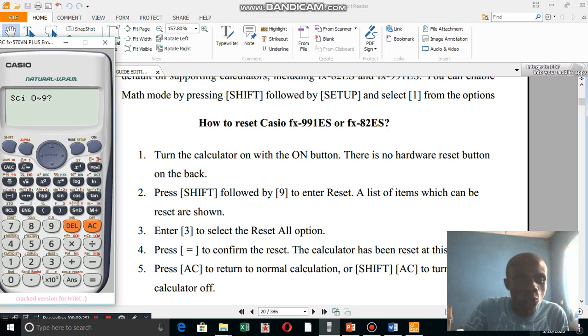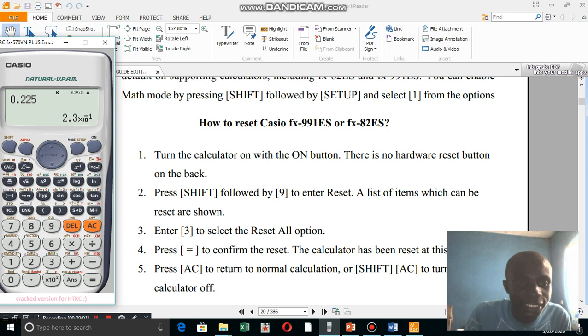Now when we choose any option, let's say 2, we have scientific math. It means that we have changed our calculator from the default calculator mode to scientific mode. When we enter a value, let's say 0.25225, we press equal to, leave it, press SD.